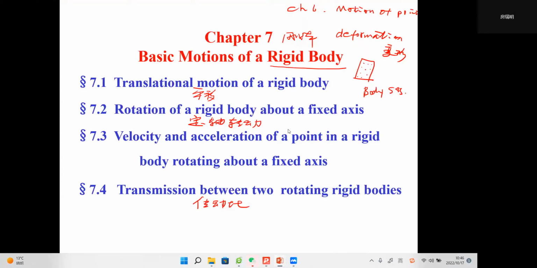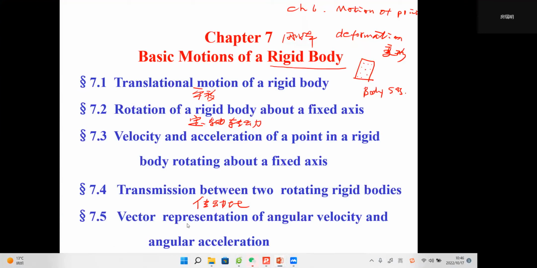So today we'll quickly review what we learned last time. Then maybe we will finish the final one, transmission between two rotating rigid bodies. Then we'll do some examples. Our task today is to finish this whole chapter 7. Next time we will move to chapter 8, right?